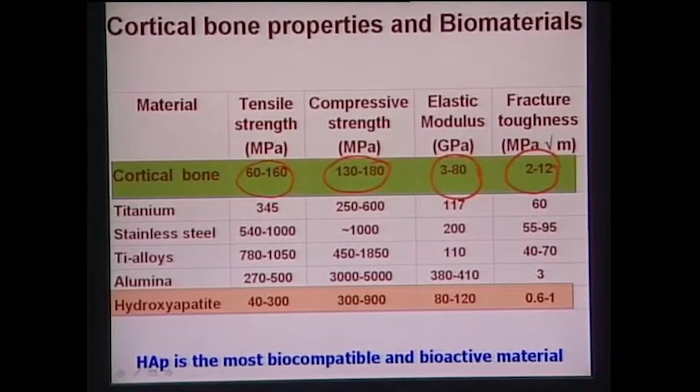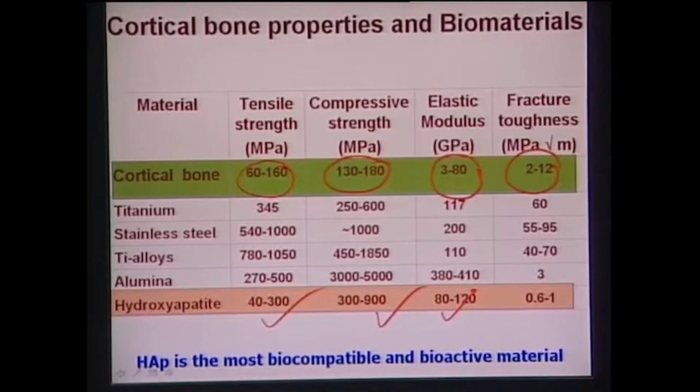Now if you compare the cortical bone properties with those of hydroxyapatite, in the case of hydroxyapatite the tensile strength, compressive strength, as well as elastic modulus are just matching or even higher than those of cortical bone.